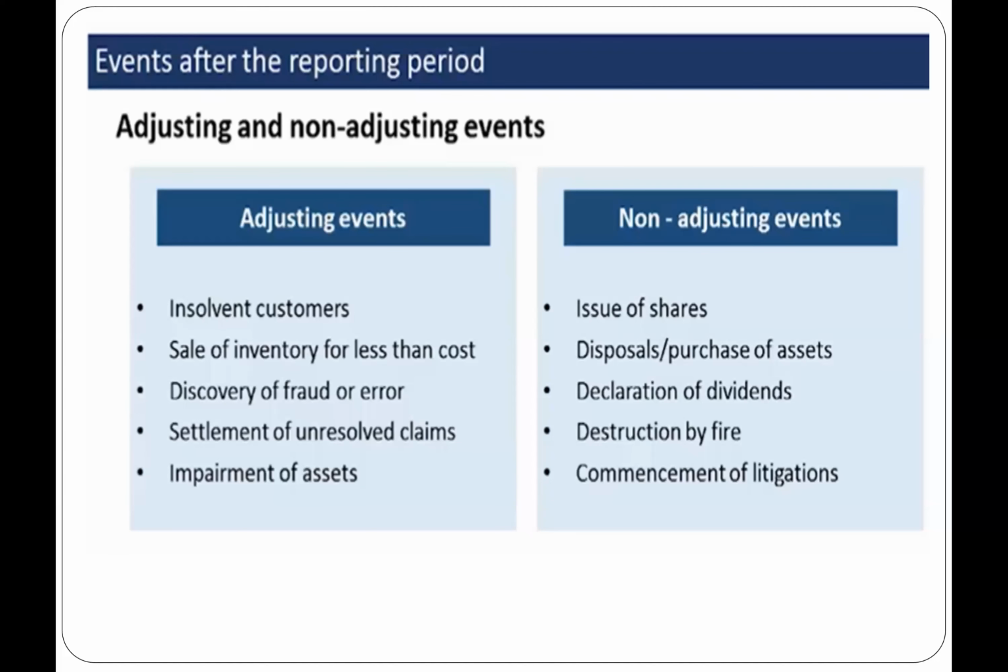Then when you did your IAS 2 Inventories, you would remember that we value closing inventory at the lower of cost or net realizable value. Cost is easy to ascertain because we simply determine how much we paid for the inventory to be in its current state and its current location for you to be able to sell it. So they've incorporated all of the costs and then determine the cost of my inventory.